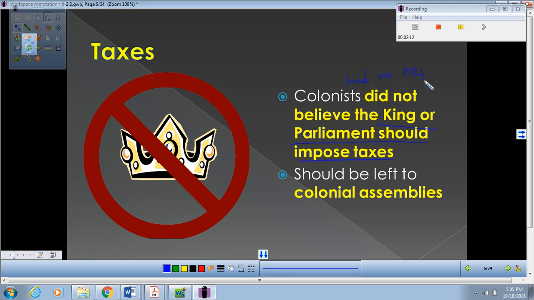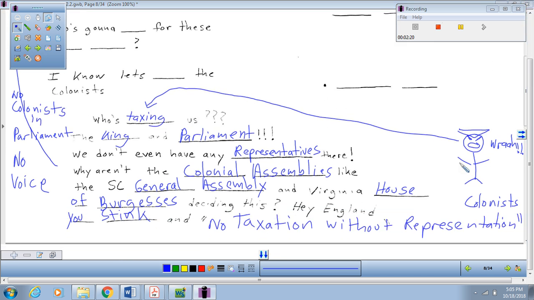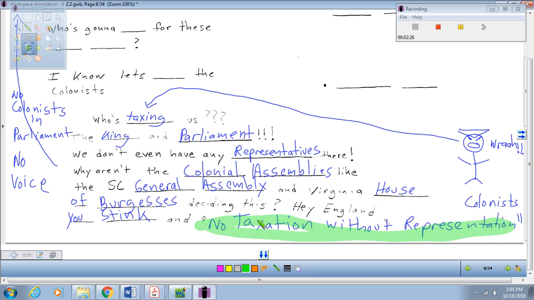This led to the chant of the colonists that there should be no taxation without representation. So one of the biggest problems that the colonists had with the imposing of taxes upon them by Parliament was that the colonists had no representation in Parliament.